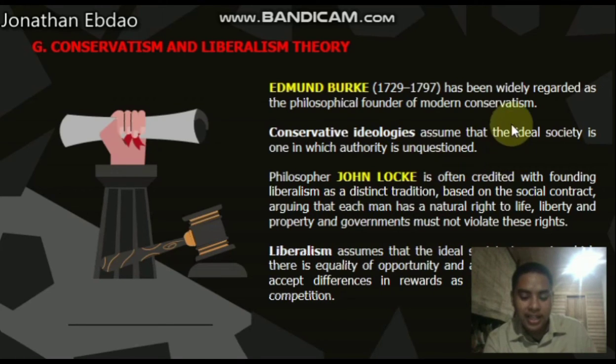The next one is the conservatism and liberalism theory. Edmund Burke has been widely regarded as the philosophical founder of modern conservatism. Conservative ideologies assume that the ideal society is one in which authority is unquestioned. Philosopher John Locke is often credited with founding liberalism as a distinct tradition based on the social contract, arguing that each man has a natural right to life, liberty, and property, and governments must not violate these rights.